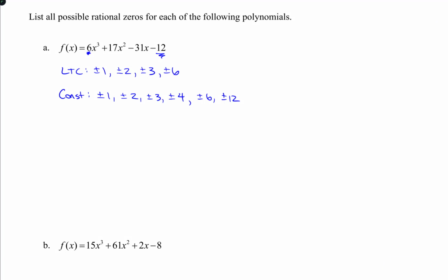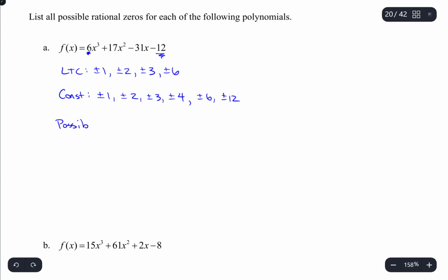Now, anytime we have a potential rational zero, I'm going to make a list of all possible rational zeros.